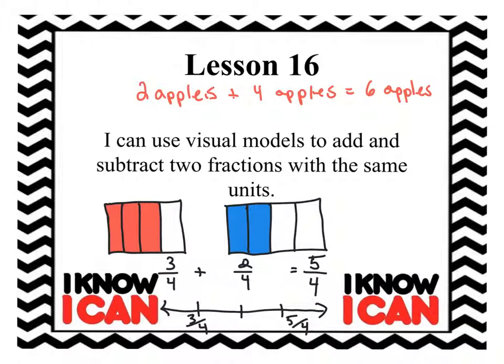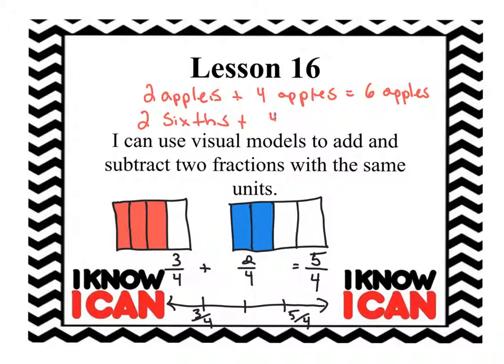But instead of using the word apples, we're going to be talking like 2 sixths plus 4 sixths is equal to 6 sixths, which is really a whole, right? So we got to get into these units, the sixths and the fourths. These are units, and that's what we're going to be focusing on tonight, using area models and the adding and subtracting and using number lines.